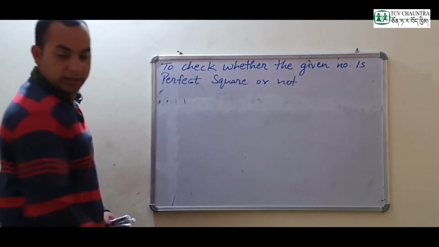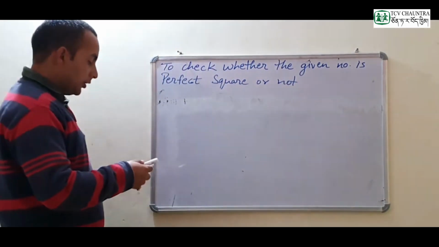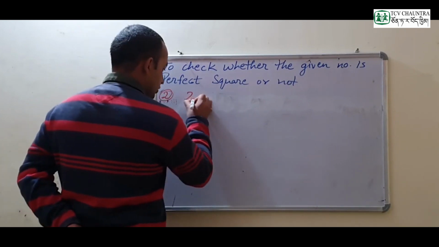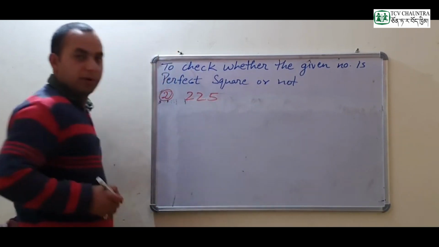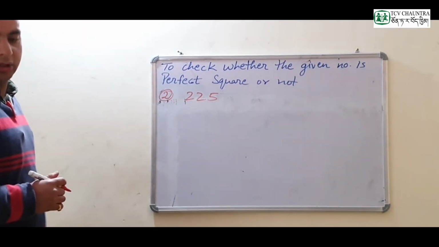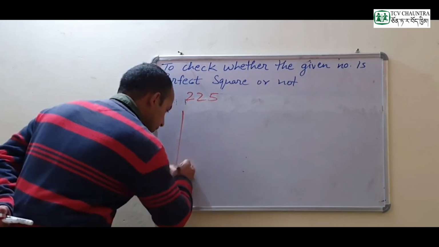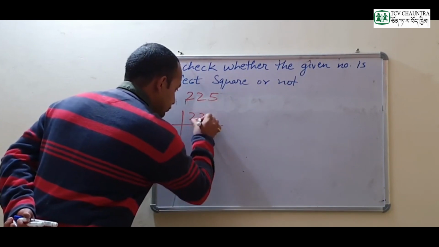Okay, now we are going to check whether the number 225 is a perfect square or not with the help of the prime factorization method. Now 225.